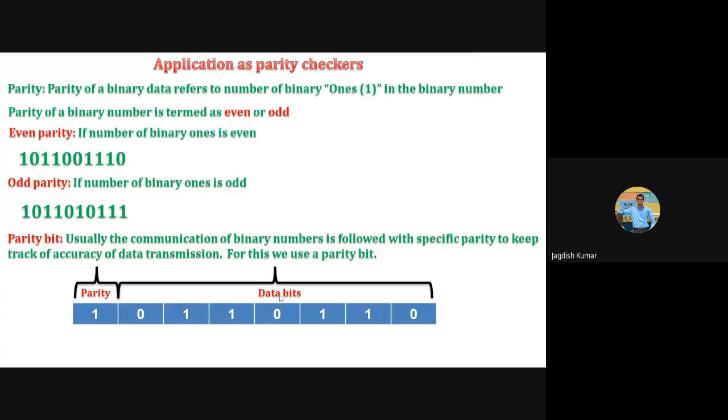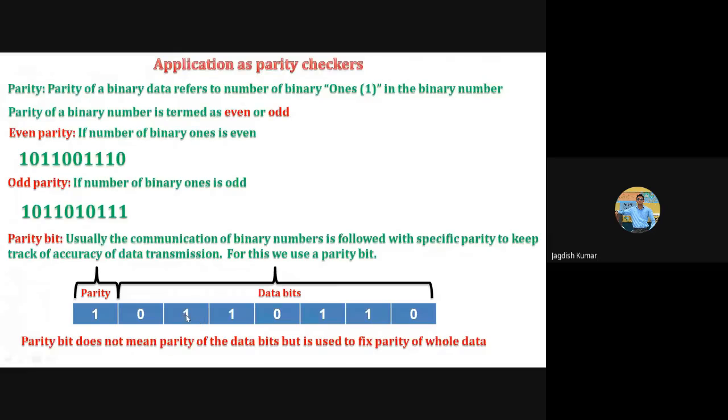In this present example, you should note one thing: this parity bit does not mean the parity of the data bits. If you check these data bits, what is their parity? Okay, there is one more thing. Even parity is written with the number 0. Odd parity is written with 1.